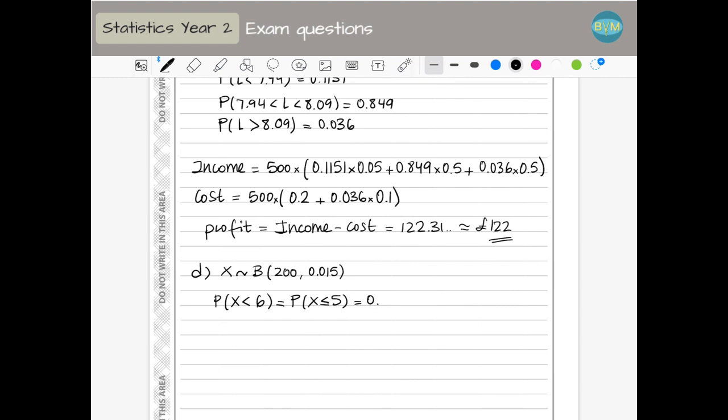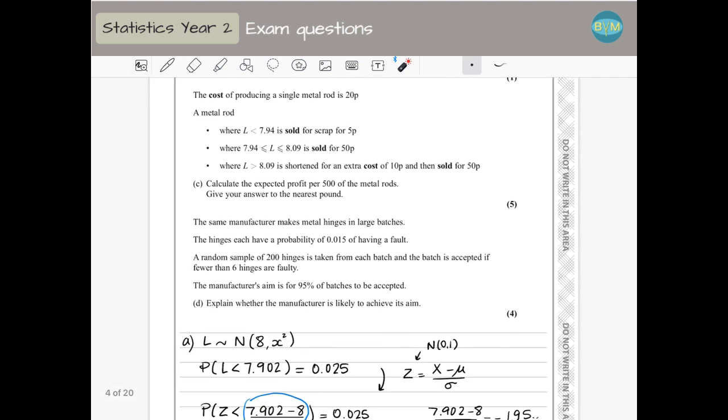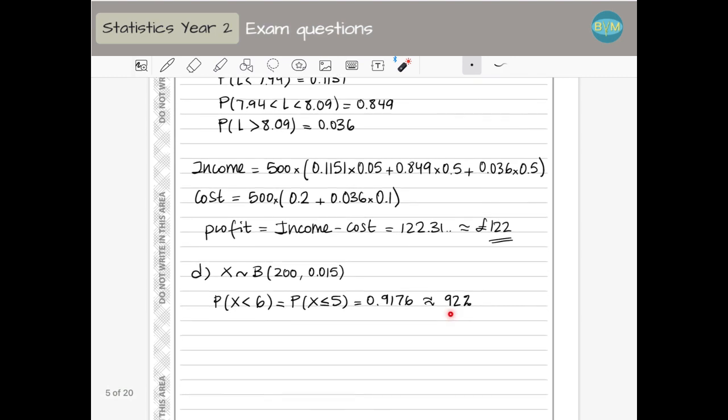And this value is 0.9176, which means something like 92%. 92% of the batches have less than 6 faulty pieces, which is less than what they hope. So their aim is 95% to be accepted, and they are going to have only 92%.